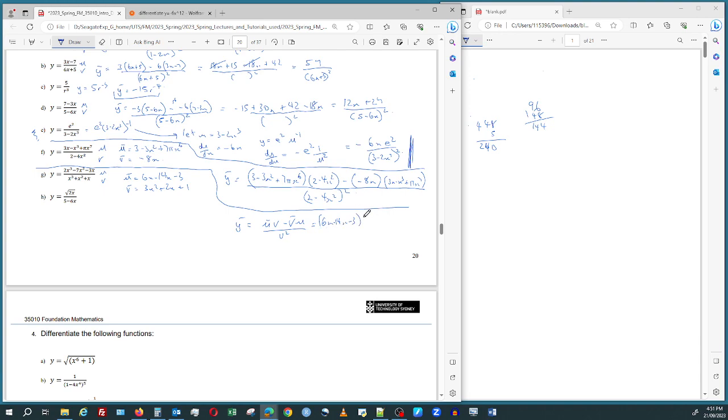V was x cubed plus x squared plus x, minus, and this is just the numerator. Okay, quite a big pair of products, all divided by x cubed plus x squared plus x all squared. So you can see there's a lot of algebraic gymnastics in there.